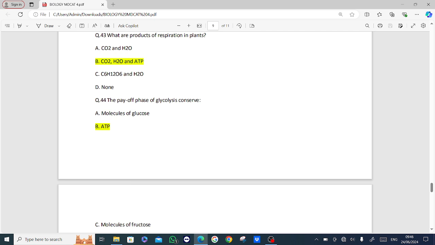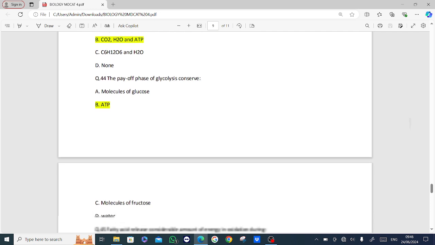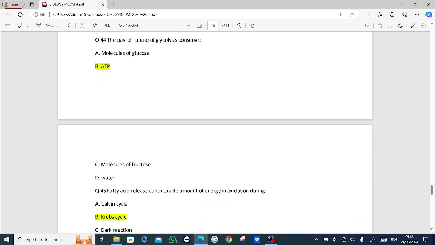Answer is option B, CO2, H2O and ATP. Next MCQ is: the payoff phase of glycolysis conserves molecules of glucose, ATP, molecules of fructose, water. Answer is option B, ATP.